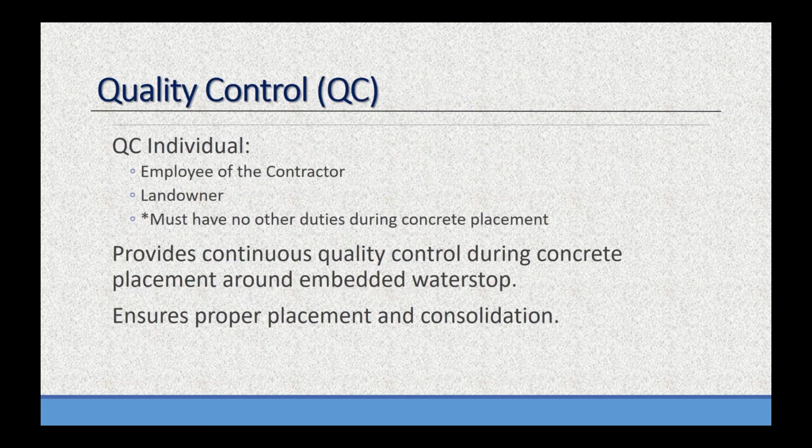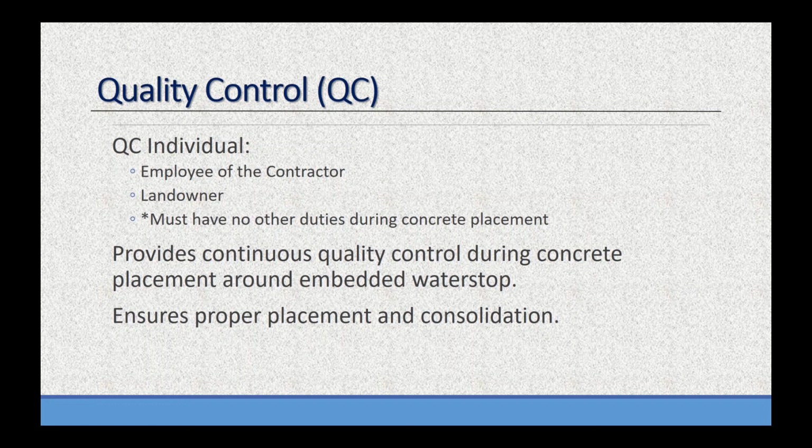The quality control person is an individual, an employee of the contractor, could be the landowner, but the key thing with a quality control individual, he or she must have no other duties during placement. Their job is to provide continuous quality control during concrete placement around embedded water stop and to ensure proper placement and consolidation.